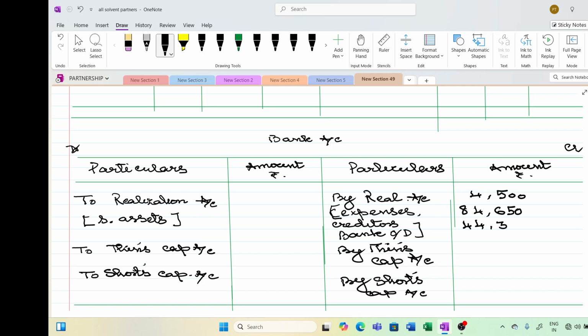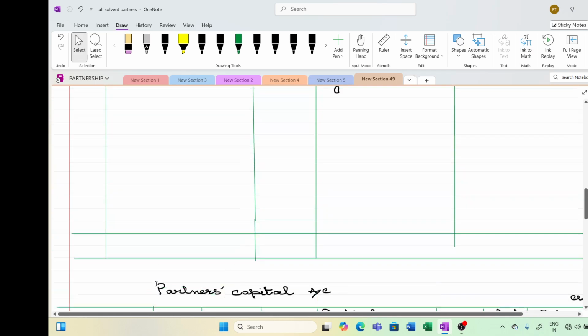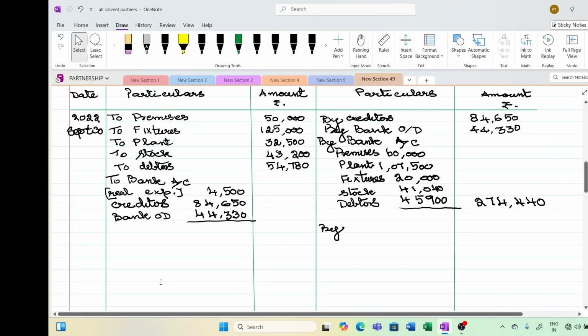So I have recorded this, and we have realized 2,74,440 from assets, so I am making it in one entry, 2,74,440. So the double entry is posted. Now moving on to the realization account.